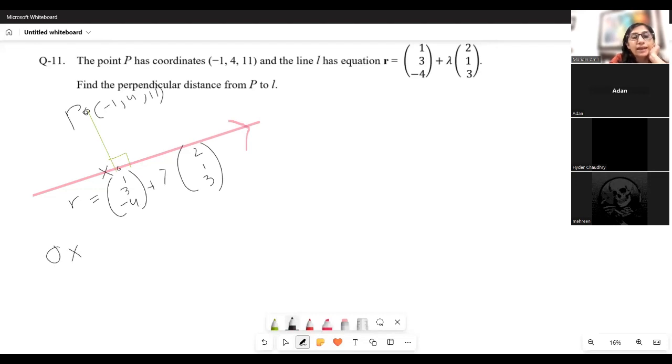And we know that since X lies on the red vector, it will have the same position vector. 1 plus 2 lambda, 3 plus lambda, minus 4 plus 3 lambda.